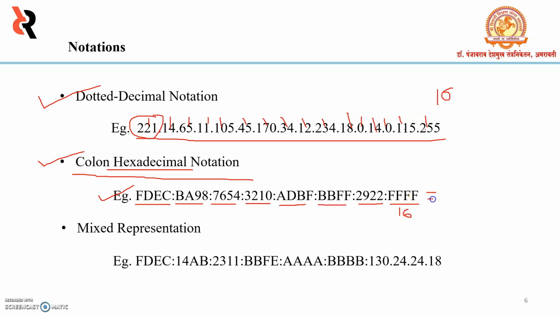We need 128 bits, so 8 times 16 is 128. Sometimes we use mixed representation. In mixed representation, we use colon hexadecimal notation as well as the IPv4 version. So this is about notation.